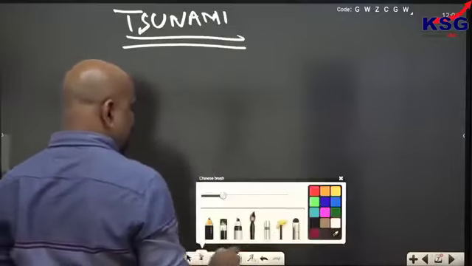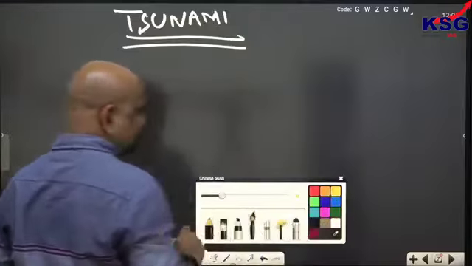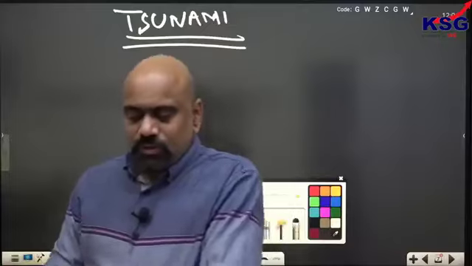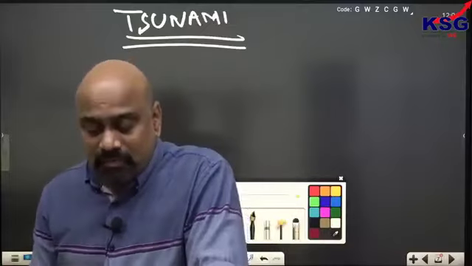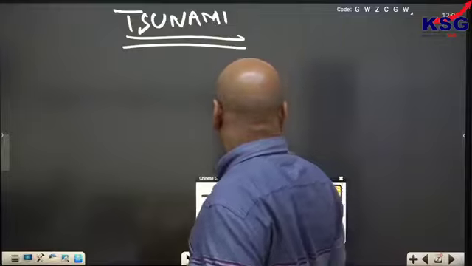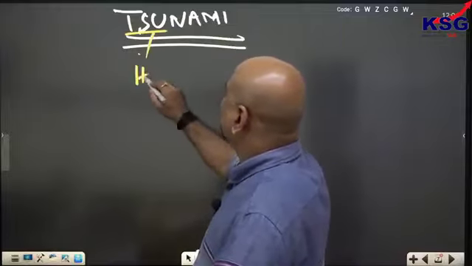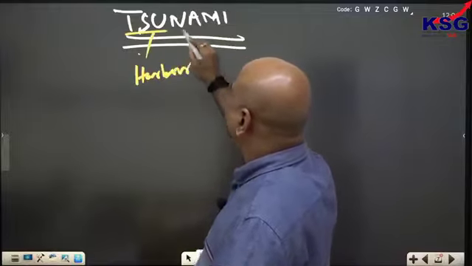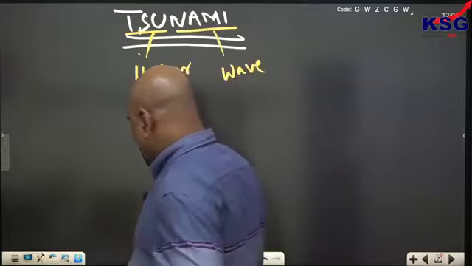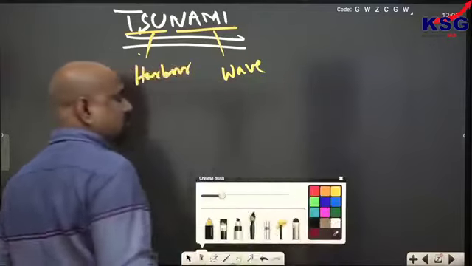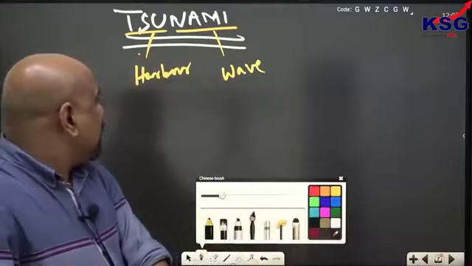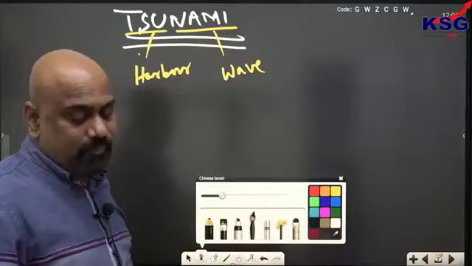Tsunami, what are those? Su and Nami, two things. Su means harbor, Nami means wave. In Japanese, tsunami are gigantic sea waves, port waves, waves of the port. Okay, harbor wave or port wave.